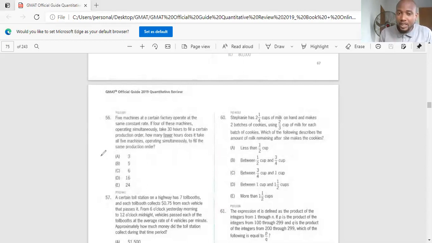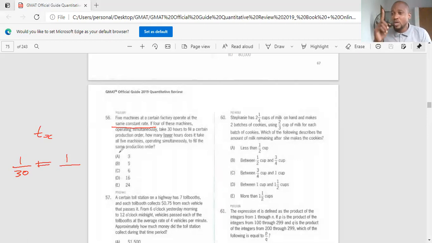So have in mind the keywords: all machines operate at the same constant rate. So let's say the time it takes any of the machines is Tx for each of the machines. Using our formula, 1 all over the total time is now 1 over 30, equal to 1 all over the time it takes 1 machine, because 4 machines did it in 30 hours.